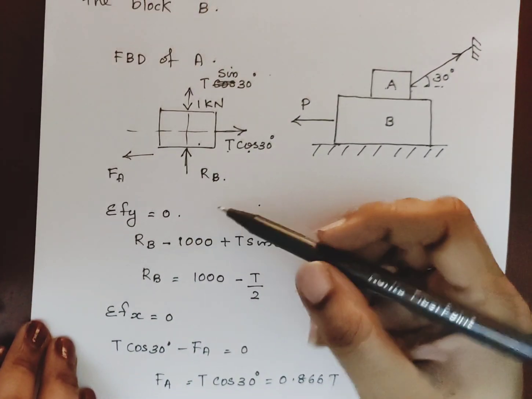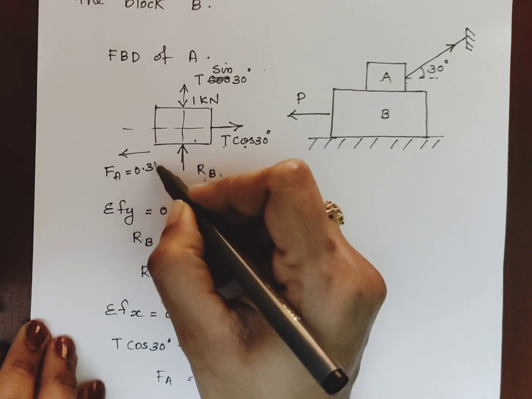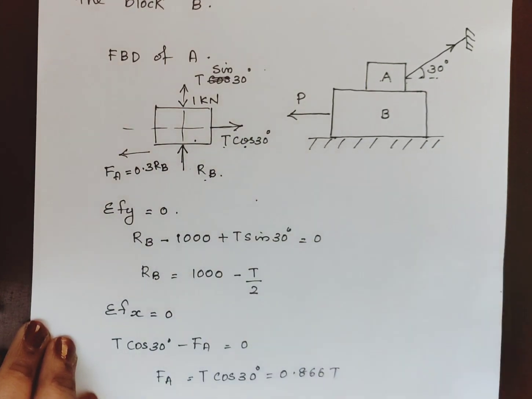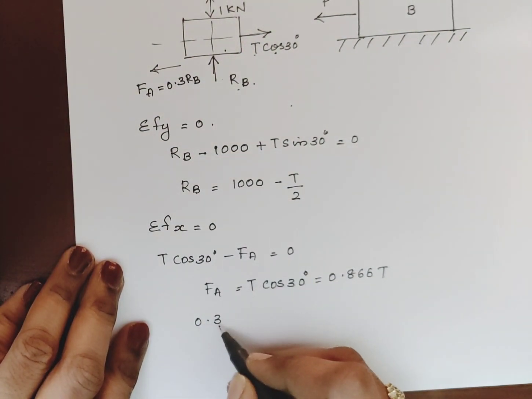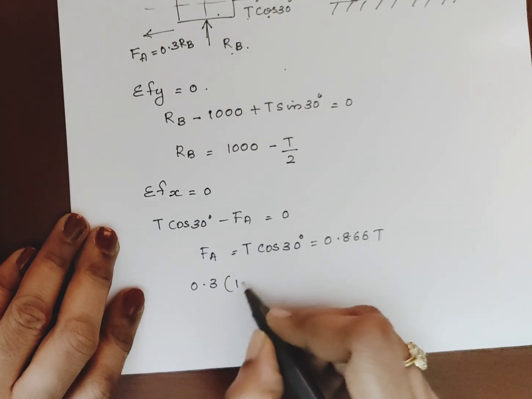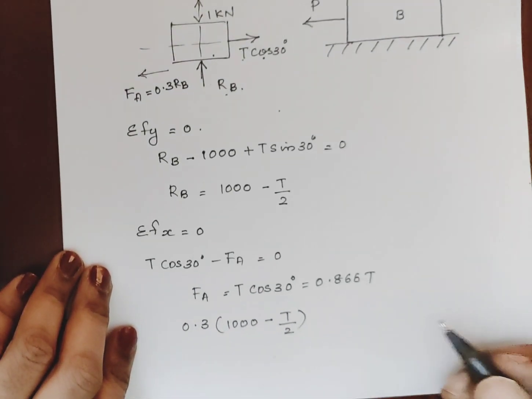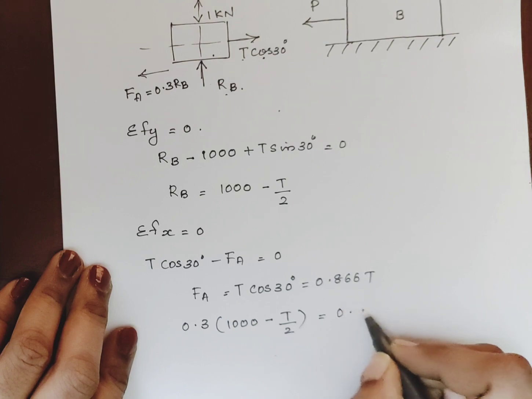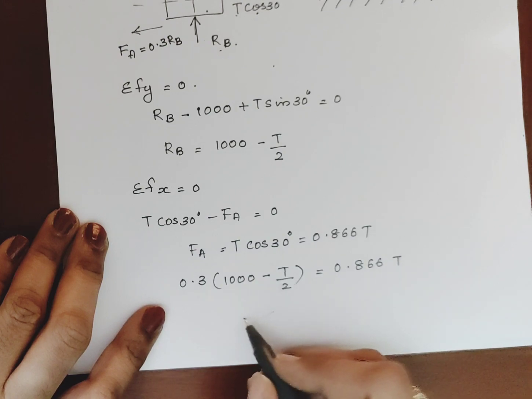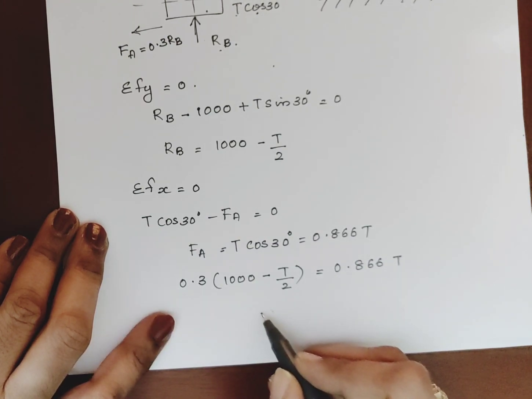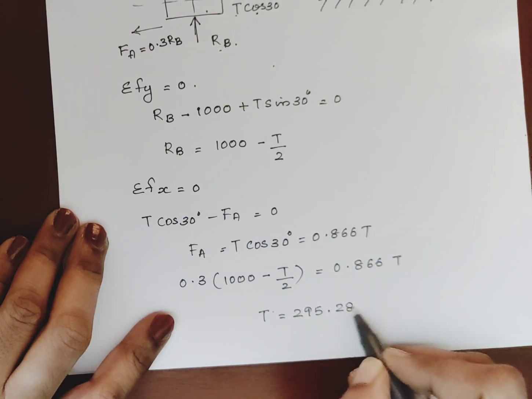So here the reaction is RB. So Fa is equal to 0.3 into RB, which is 1000 minus T by 2, and that is equal to 0.866 T. On simplifying this equation, you will get T as equal to 295.28 Newton.